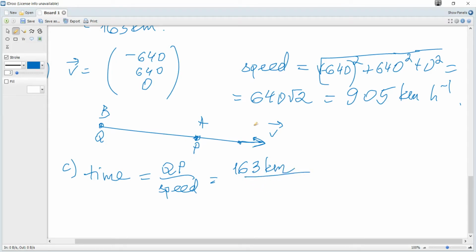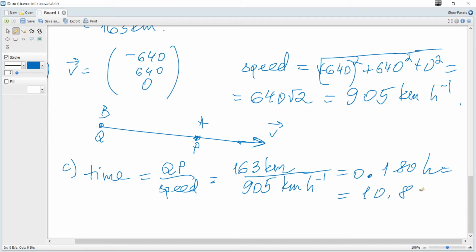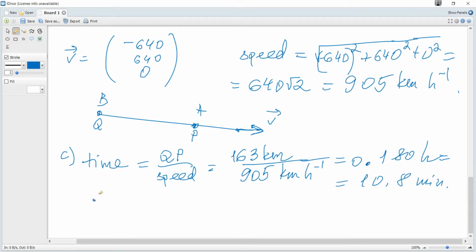Speed is 640 root 2, or 905 kilometers per hour, and it is equal to 0.180 hours, or we multiply by 60 to get 10.8 minutes. And since 10.8 is greater than 10, hence not in conflict.